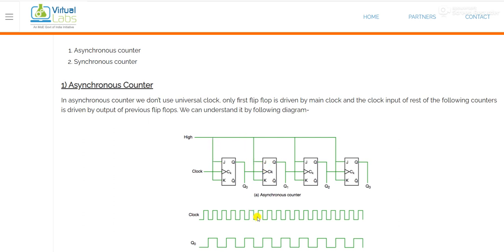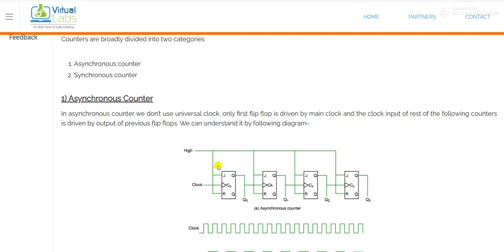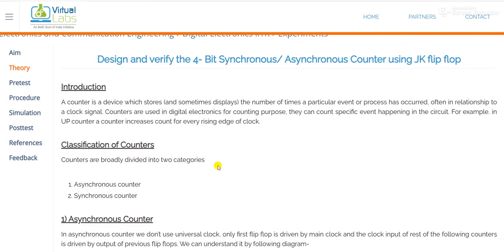Again, for second flip-flop, J and K are connected to the high input. So this is basically a T flip-flop. When J equal to K equal to 1, it will be designed or used as T flip-flop. Okay. Now move to the simulation part.